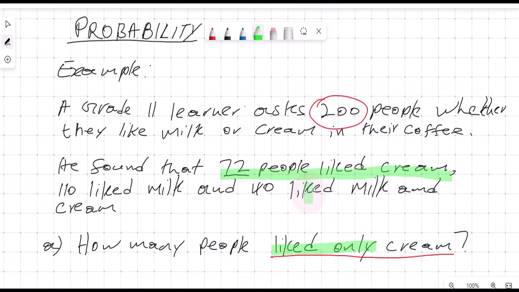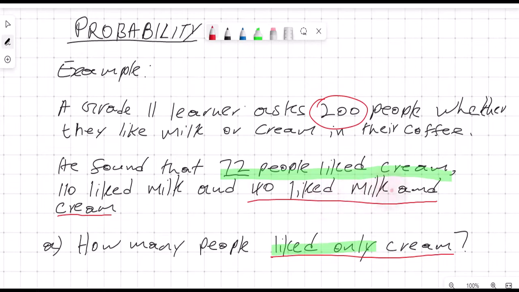So let's go again. 110 liked milk. Same statement again. They are not saying these 110 liked milk only. Do you see that? And then let's read here. 40 liked what? Milk and cream. So we have 40 people who like milk and cream.